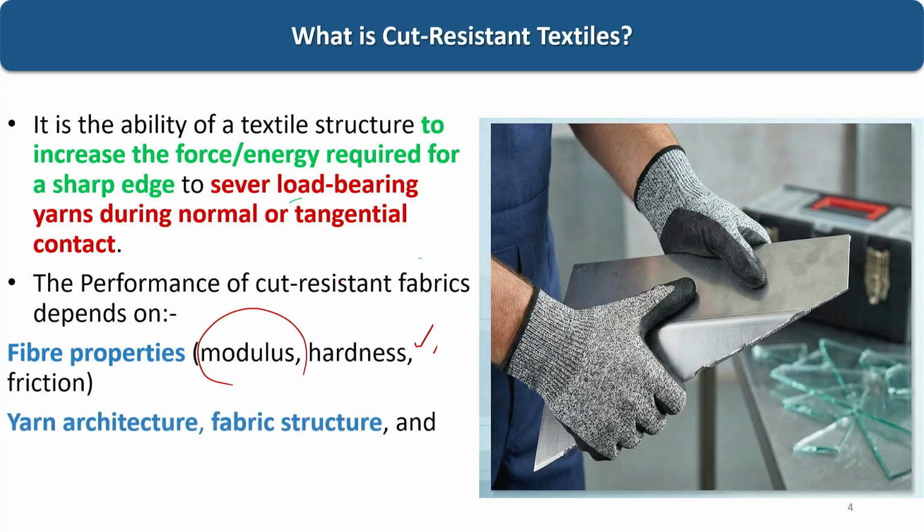Then there is yarn architecture, the structure of yarn and what type of yarns are used. Normally in cut protective textiles we use multi-layered composite yarns, which we will discuss in detail, and special fabric structures are also required.